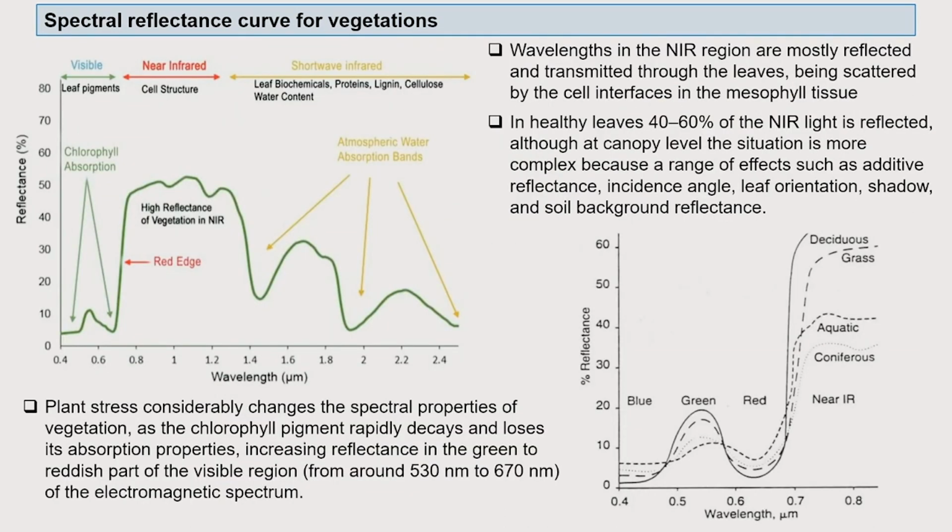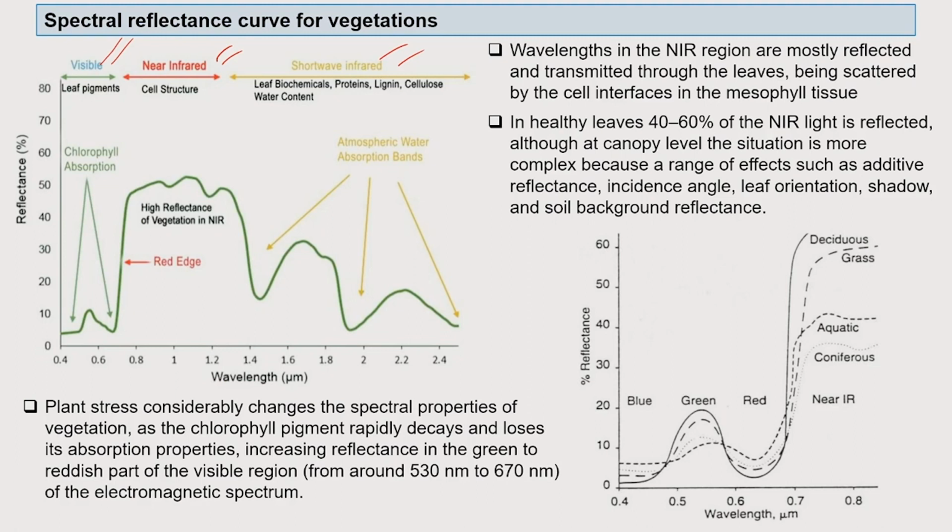Now this graph also shows how different wavelengths, when they fall on a plant leaf, give different kinds of reflectance. In case of a plant, wavelengths within the NIR, near infrared region, are mostly reflected or transmitted through leaves. Some part gets scattered by the cell interfaces within the mesophyll tissue.